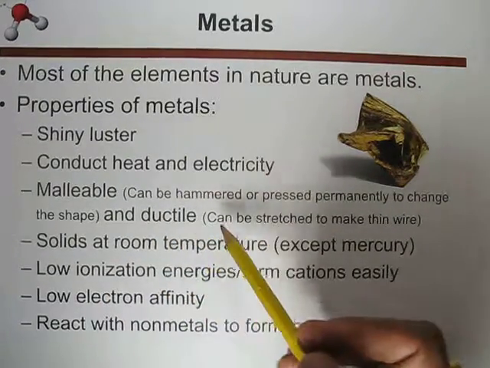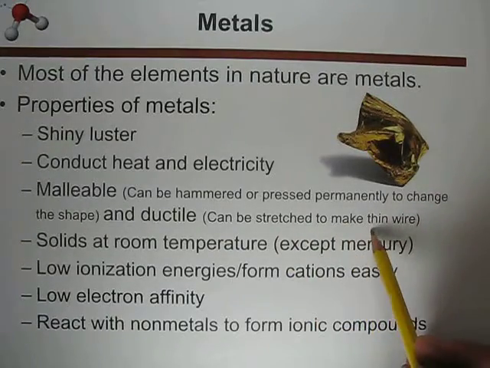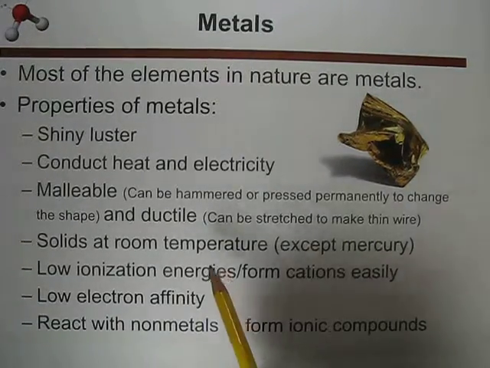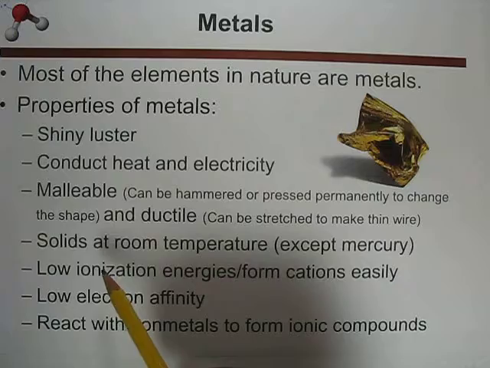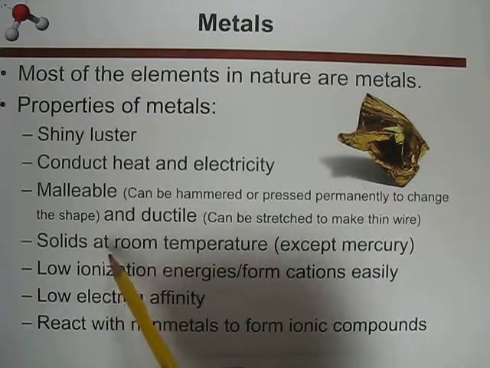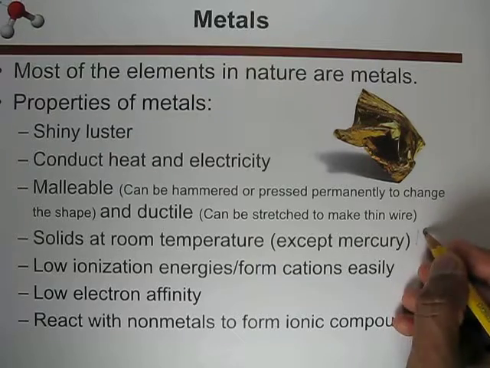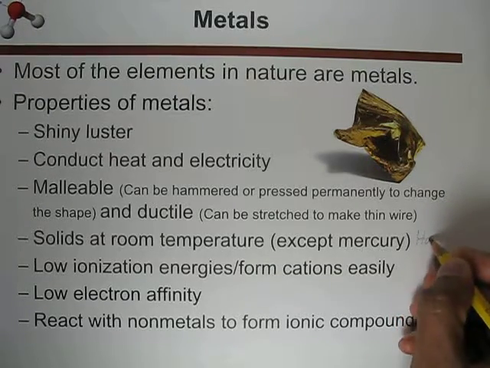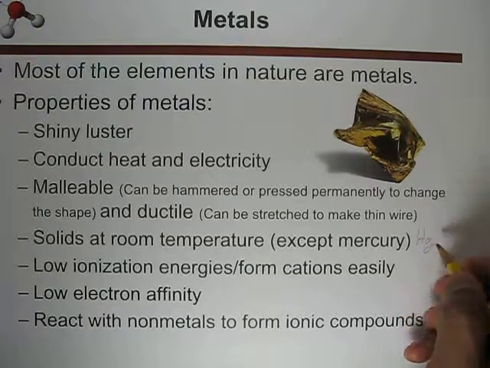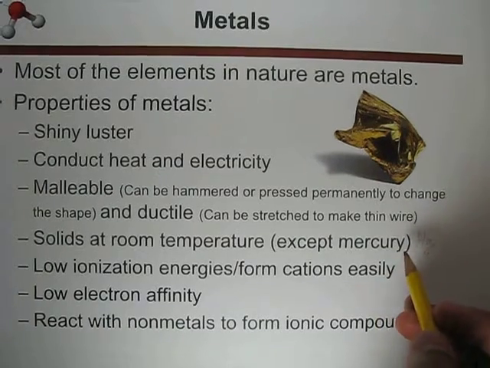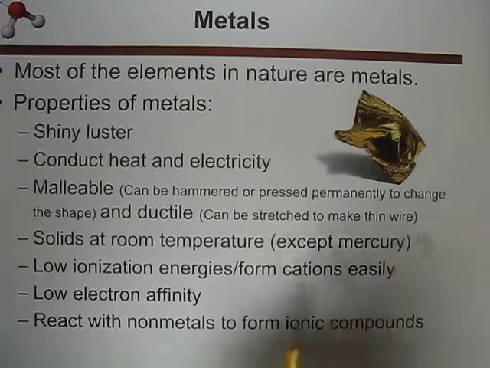And ductile. Ductile means can be stretched to make thin wires, like copper wire, iron wire. Solid at room temperature except mercury. You may have seen or heard about the mercury thermometer.